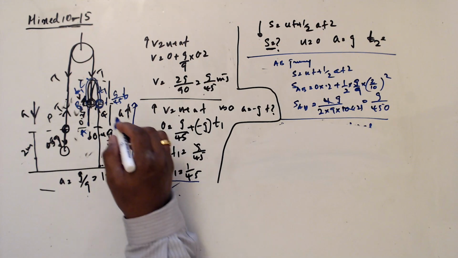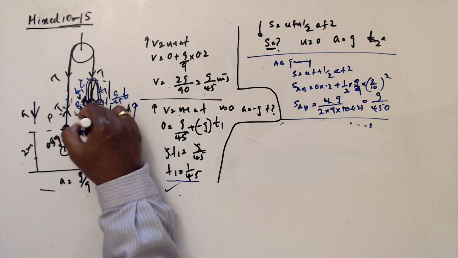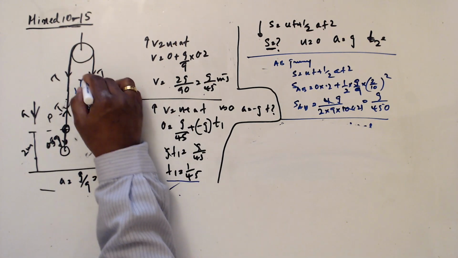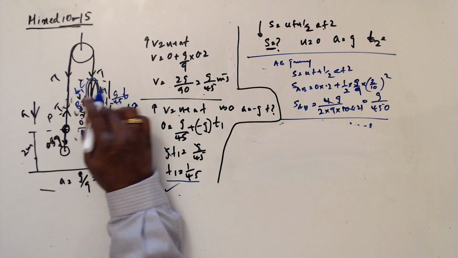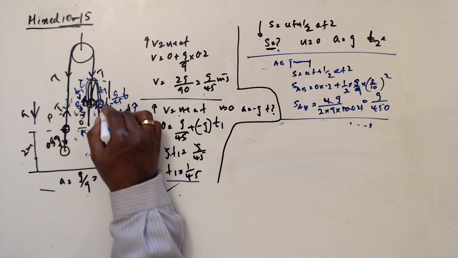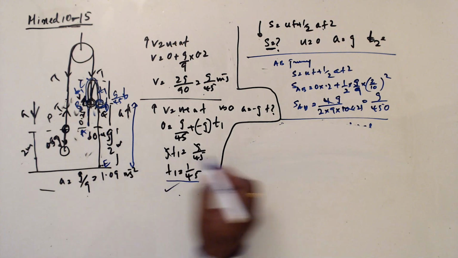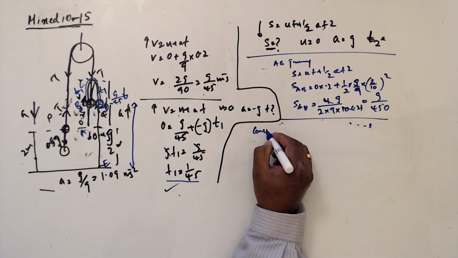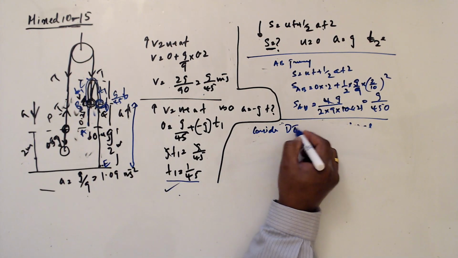We'll put AB, this is C, and this is D, E. So consider the DE journey.